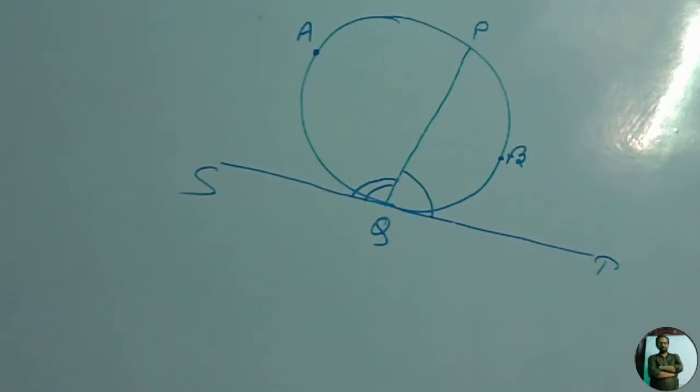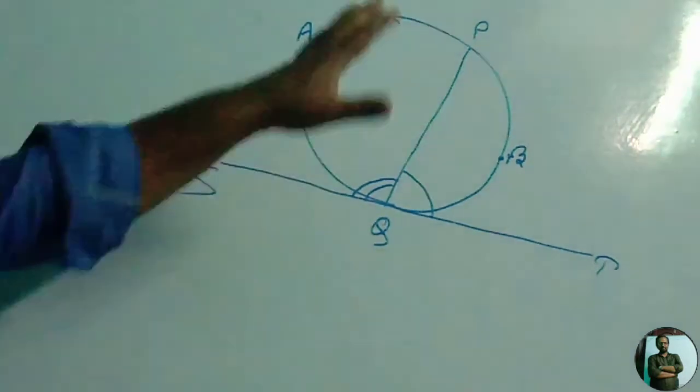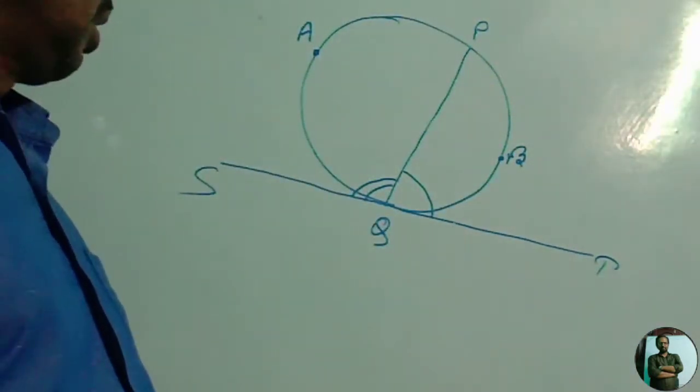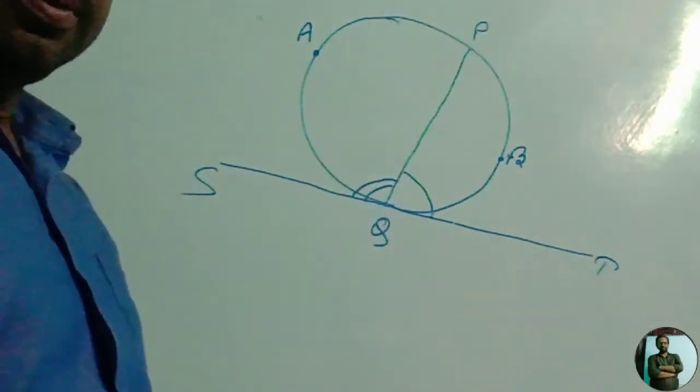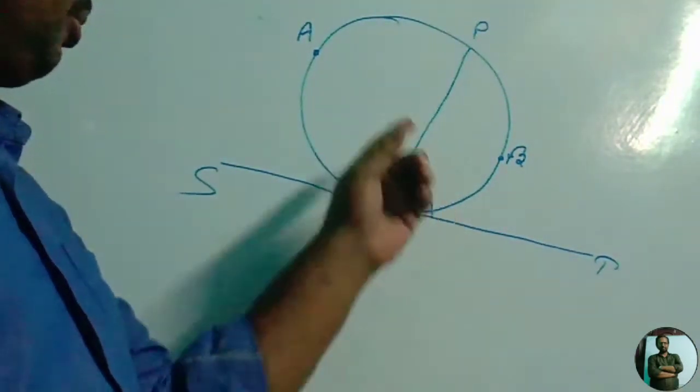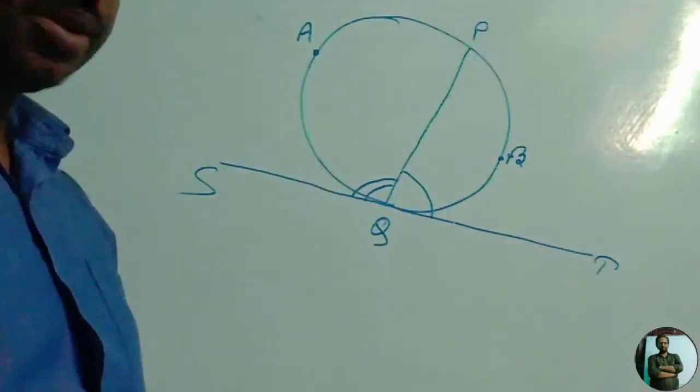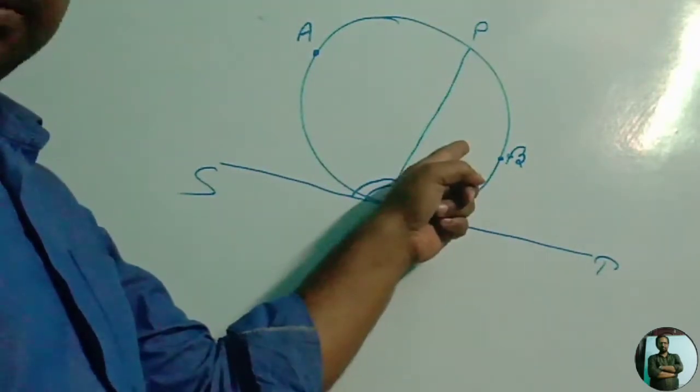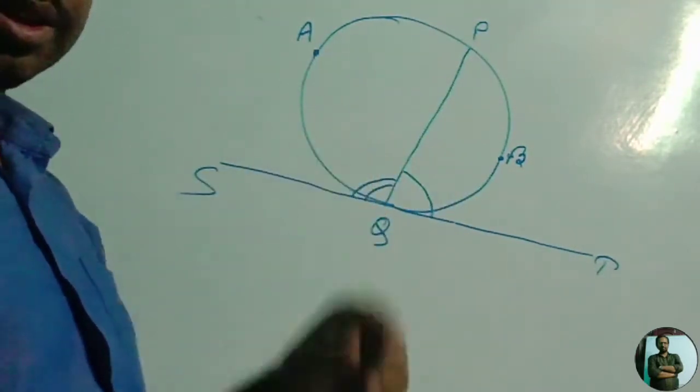I repeat, this is a circle in which PQ is a chord. PQ divides the circle into segments, minor segment and major segment.